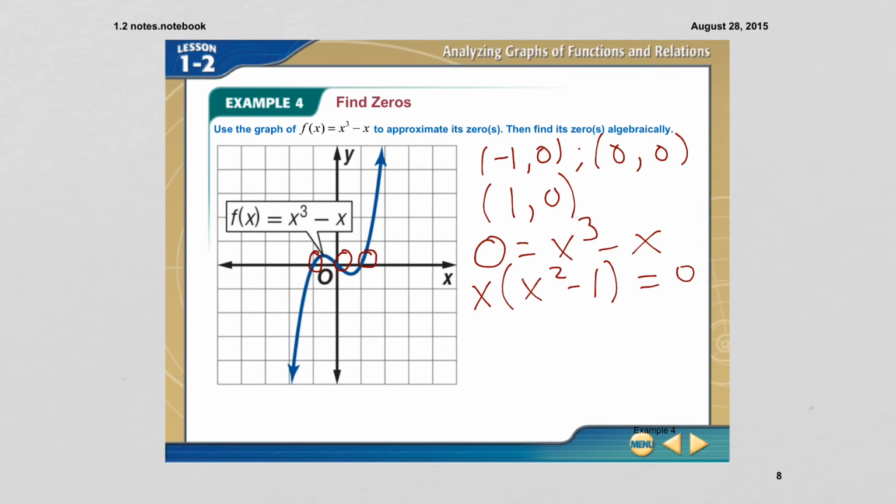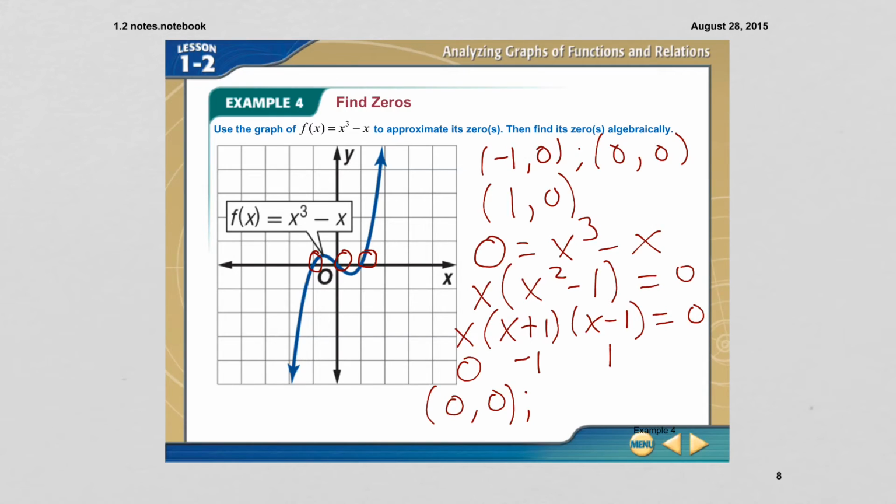I know I can factor x squared minus 1, so my factors now become x, x plus 1, x minus 1, and they're all equal to 0. So x equals 0, that's that answer. When I solve this, that's going to give me -1, and this one gives me +1. So that means I have the points (0, 0), (-1, 0), and (1, 0), which I see are the same answers I got when I did it graphically.